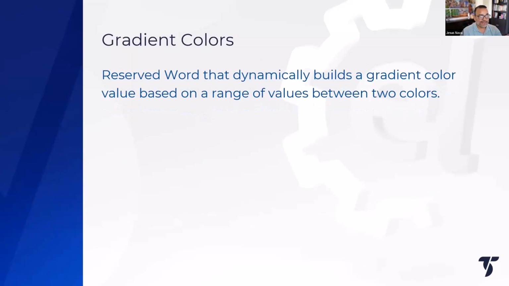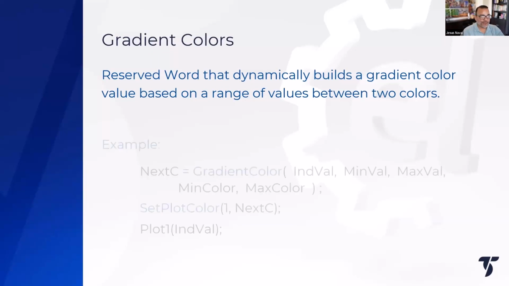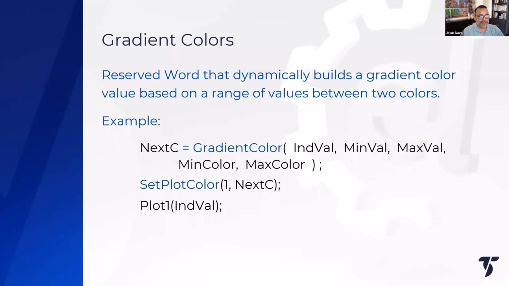Gradient colors are a very cool way of coloring your indicators because it creates a heat map kind of coloring where you have a minimum and a maximum, and then the gradient takes on a color from a shading between those 2 main colors. And this is the way that it's created. First, you have a variable.